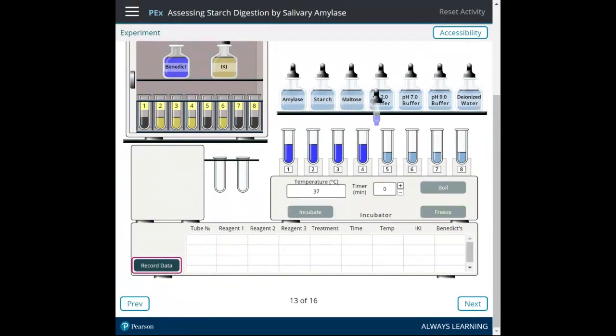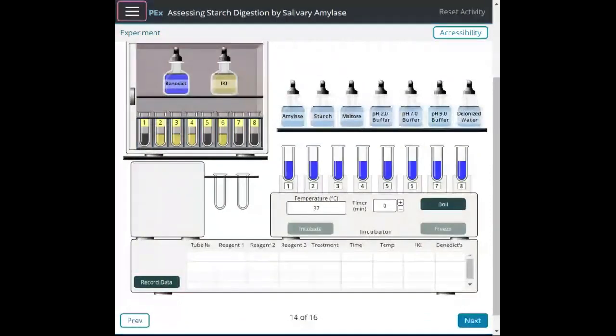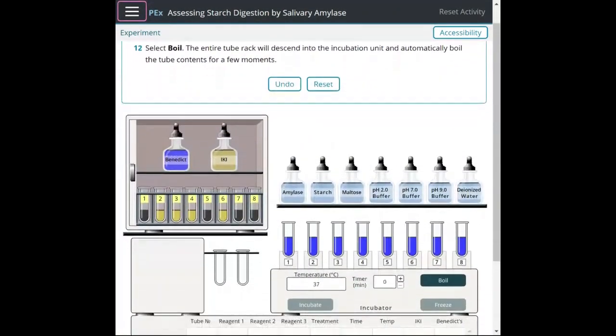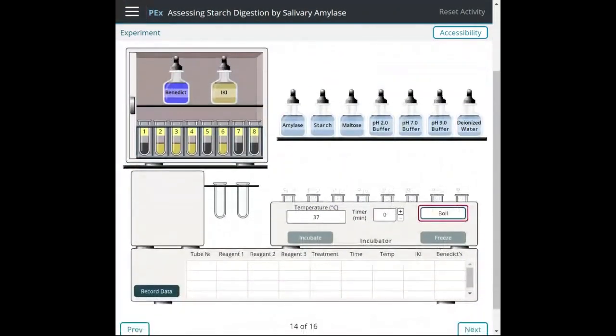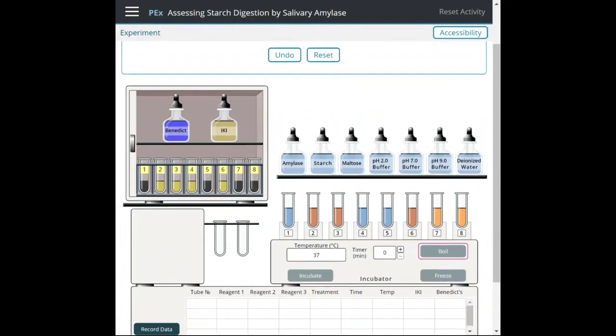So now we're adding the Benedict's reagent. All right, now we're going to boil it. See all the little bubbles coming out as it boils? Ooh, what happened to our tubes? Changed color.